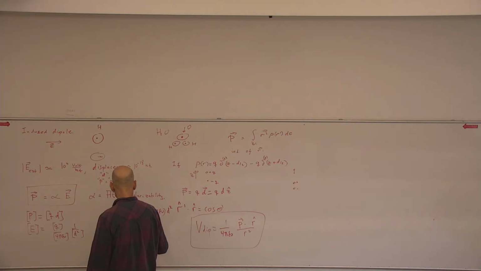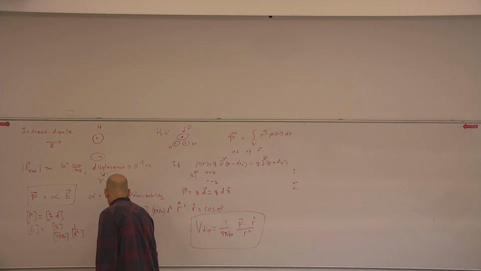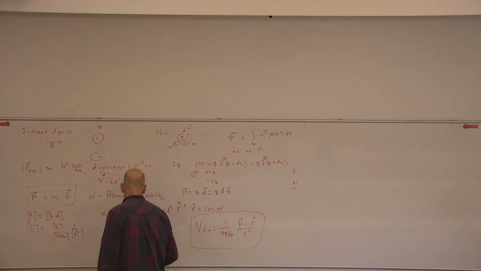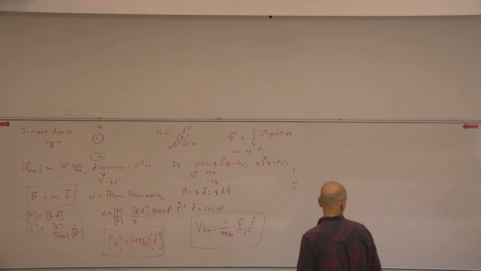So the nice thing is Q cancels here, and then the units of alpha are 4 pi epsilon 0 D to the power 3, from a units point of view, right?